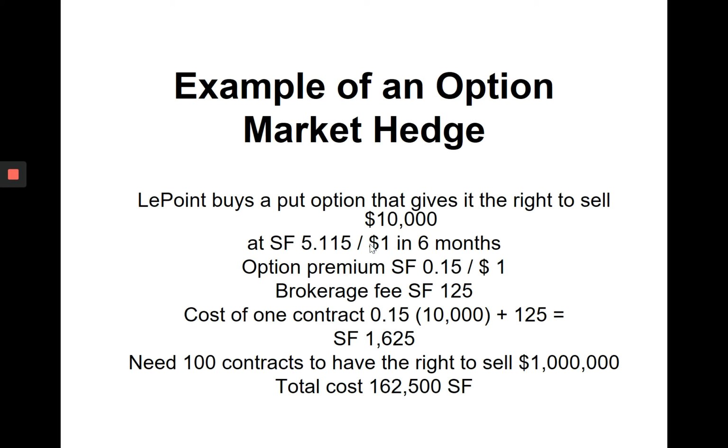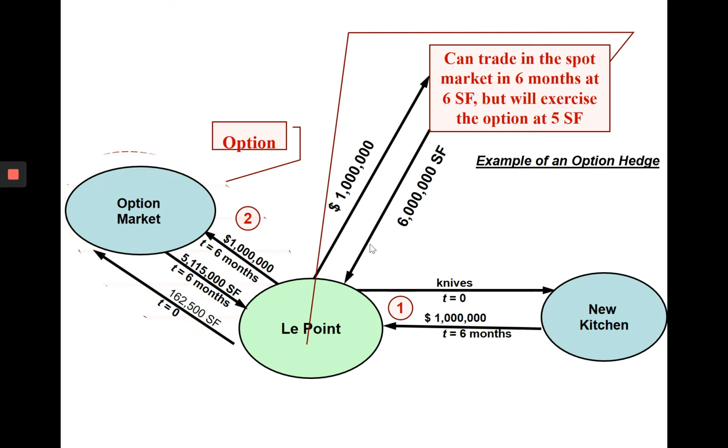So this complete 162,500 Swiss francs can be considered as the cost of this option market hedge, and the forward hedge did not have this cost. So this is a much more expensive insurance.